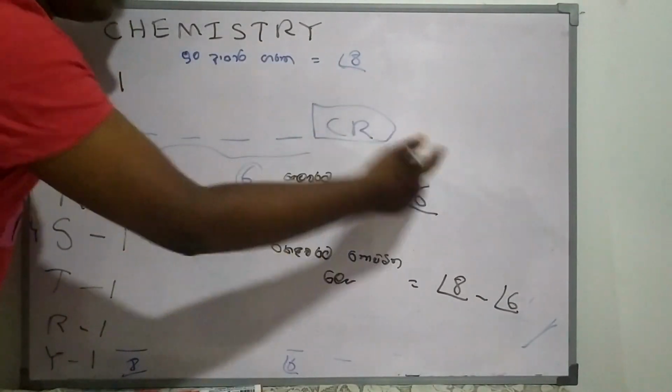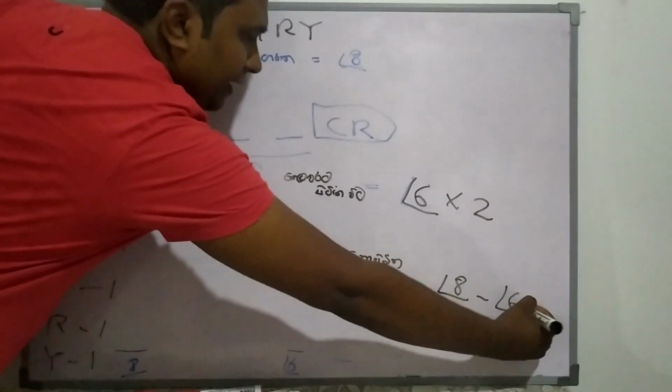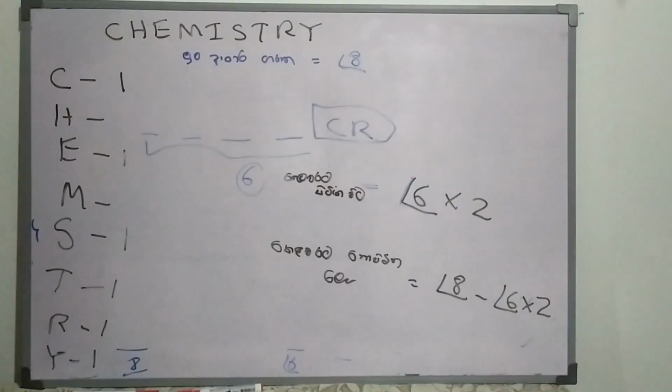Actually CR and RC both can be on the corner, no? In the manner of CR and RC. So the answer is factorial 8 minus factorial 6 into 2. This is the answer for CR not in the corner.